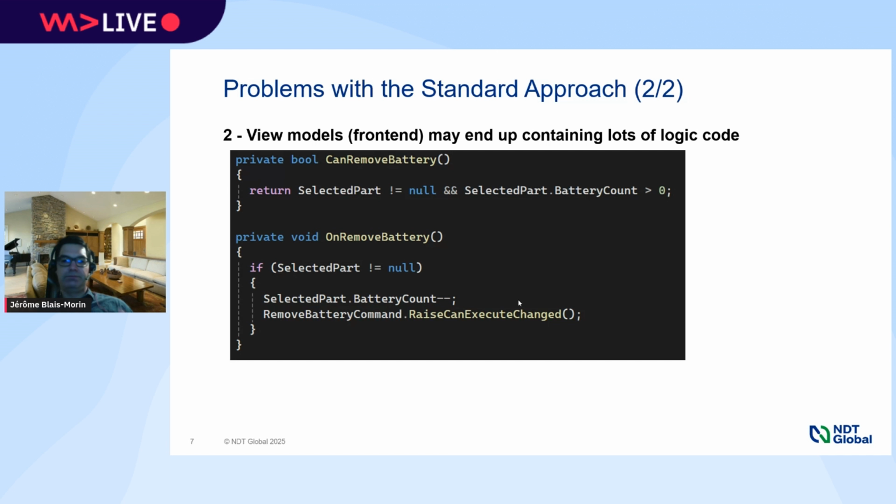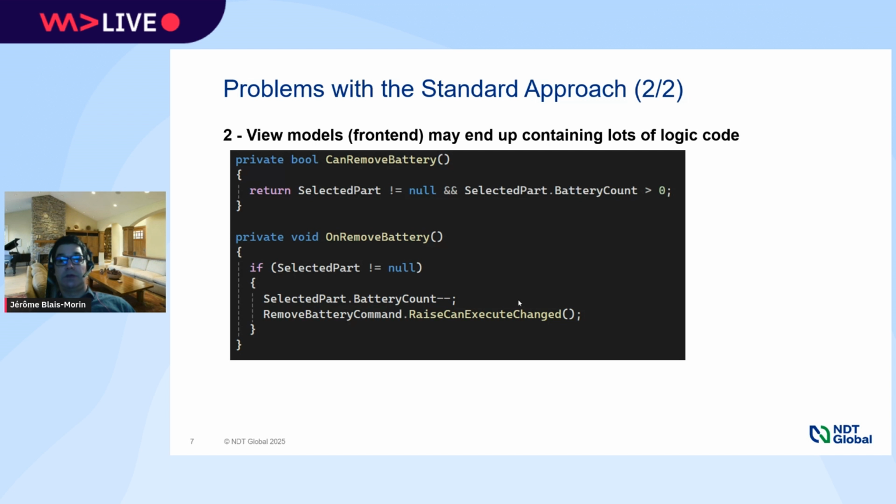For example, if you have a beautiful WPF application using a standard MVVM approach, at one point maybe you want to upgrade it to support calls via an embedded web server. You may know that's possible, right? With .NET Core, you can have an embedded little web server in your application. You'll need some sort of API to make available. Maybe this API would have a method to add or remove batteries.